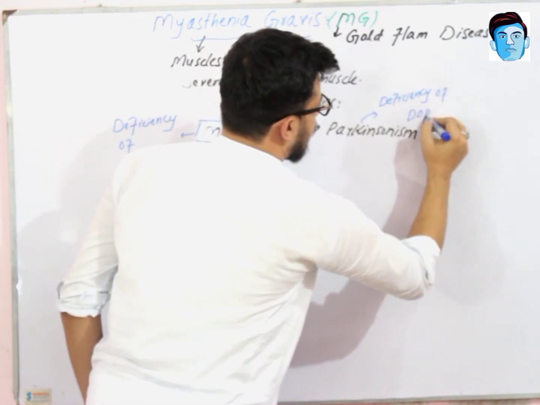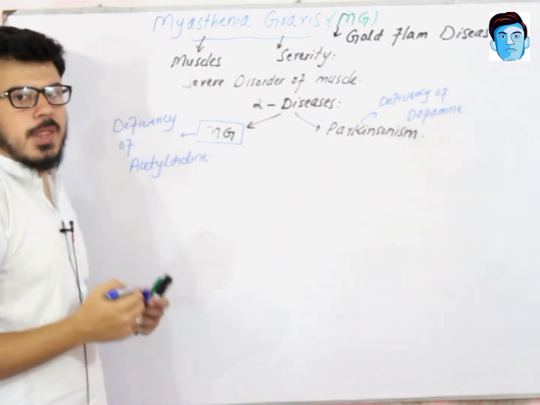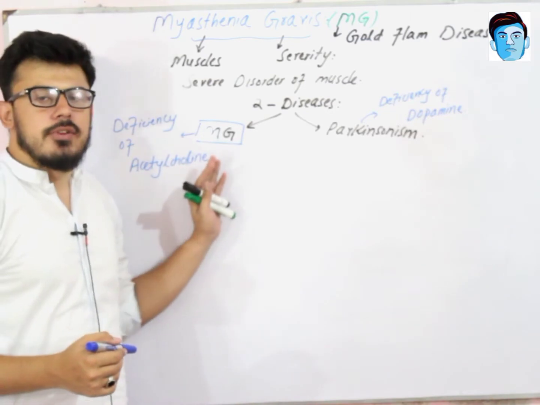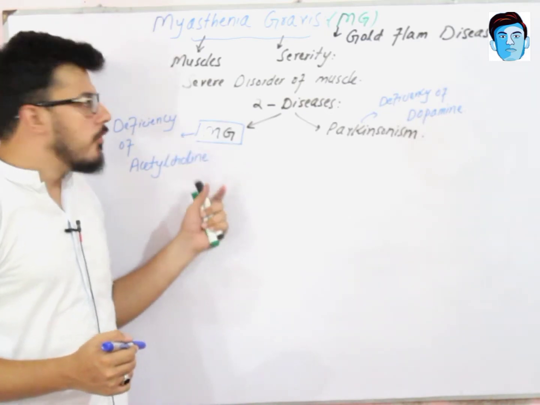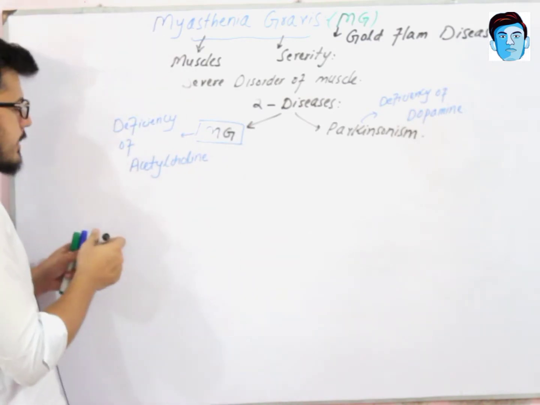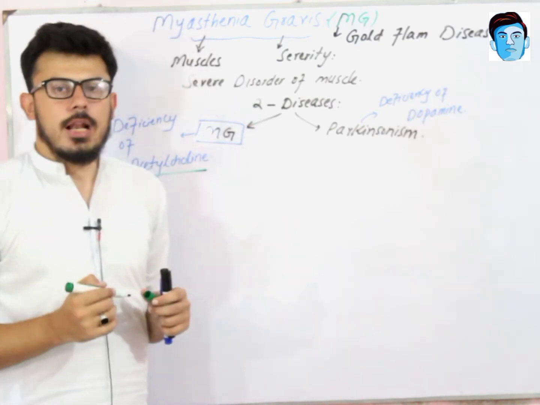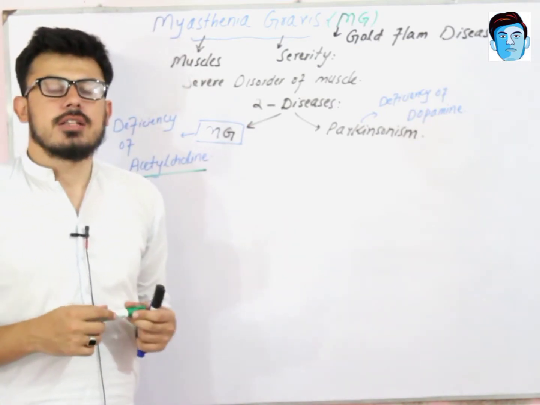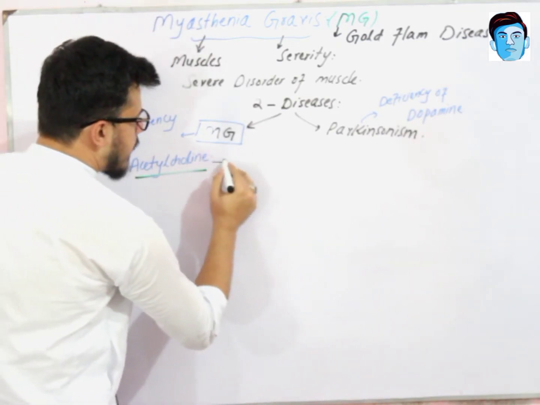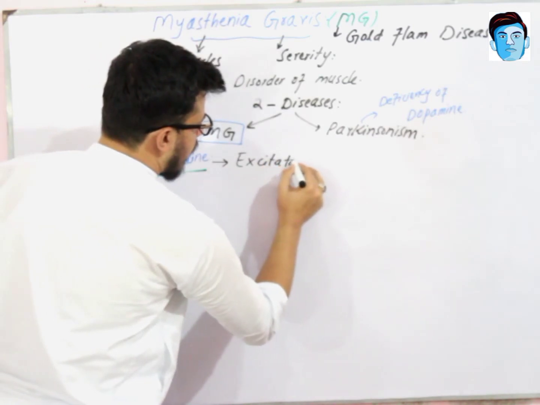Now in this lecture we will be focusing more on Myasthenia Gravis. As Myasthenia Gravis is an acetylcholine deficiency disease, before discussing it, it's important that we know about acetylcholine. So what is actually acetylcholine? Acetylcholine is an excitatory neurotransmitter.